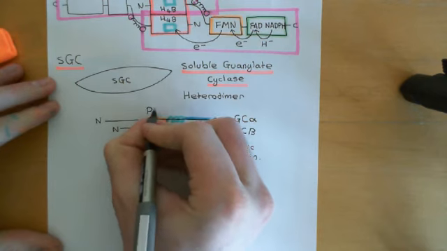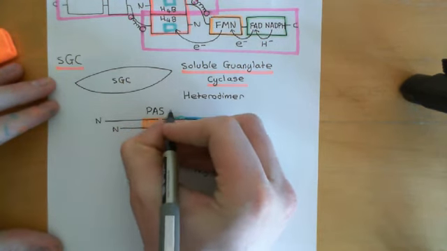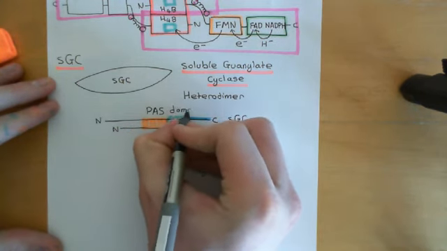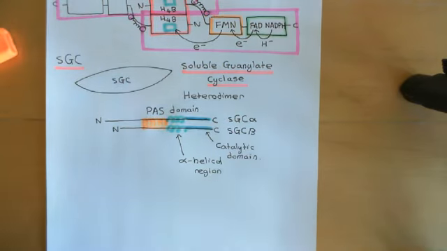These domains are known as the PAS domains, in orange here. Each one of the two subunits, the alpha subunit and the beta subunit, has a PAS domain, and they are very powerfully joined together, and they're very much involved in holding the two subunits together to form the full soluble guanylate cyclase.